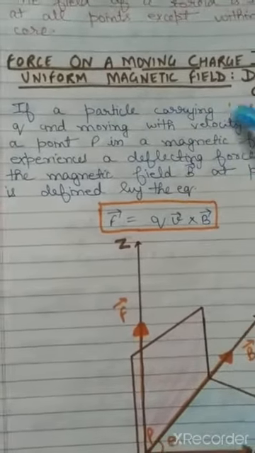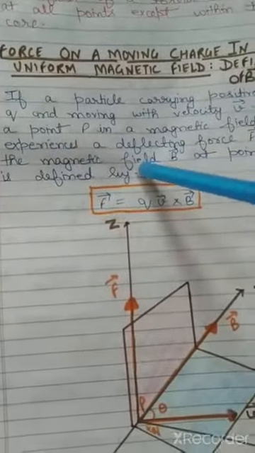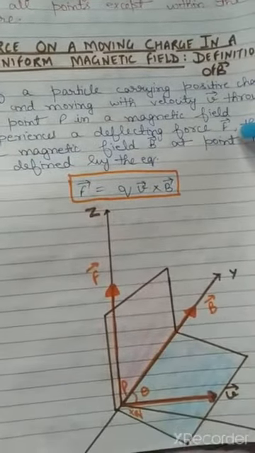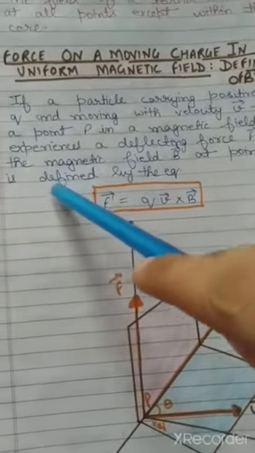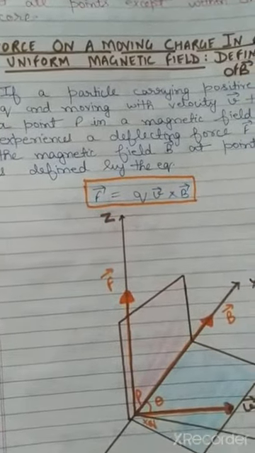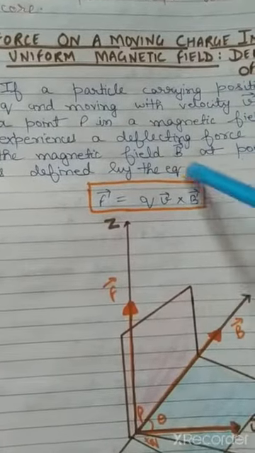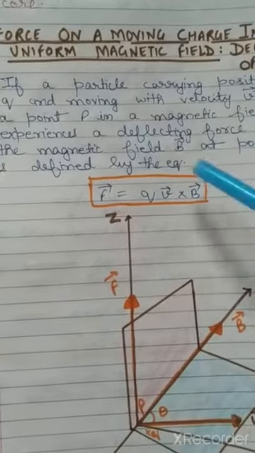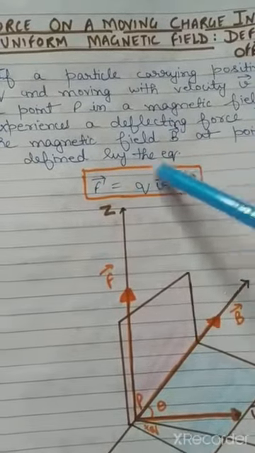So if a particle carrying positive charge and moving with velocity V through a point P in a magnetic field experiences a deflecting force F, then the magnetic field B at point P is defined by the equation F is equal to Q into V cross B. As you can see, this V cross B is a cross product, and we know that the cross product gives a third vector, which will be perpendicular to the plane of these two vectors.